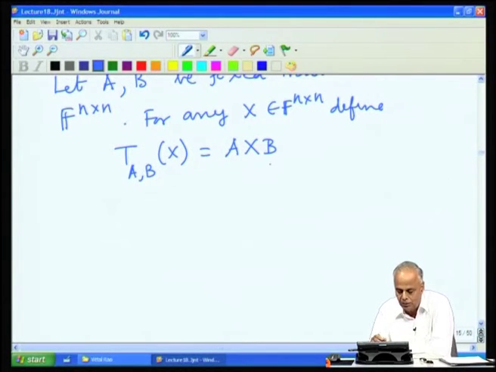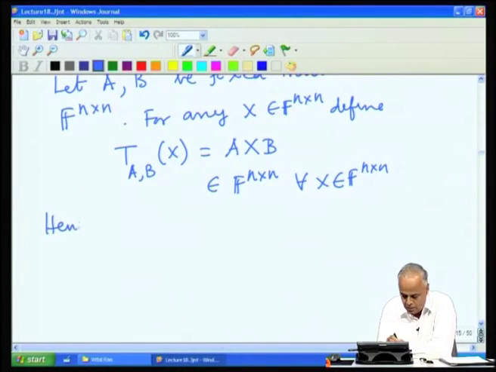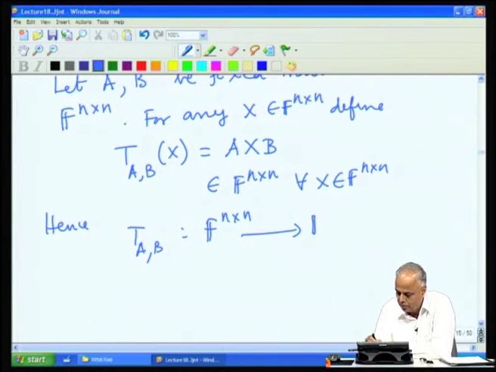So, the product is going to be an n by n matrix, and therefore, TAB of x is also an n by n matrix. So, this belongs to Fn cross n for every x in Fn cross n, and hence TAB is certainly a transformation from Fn cross n to Fn cross n.